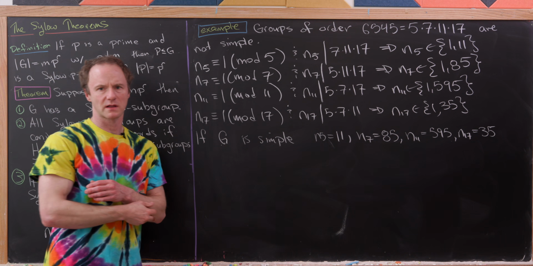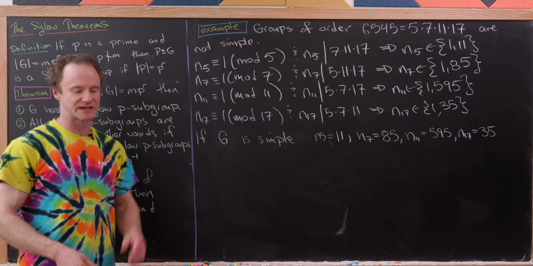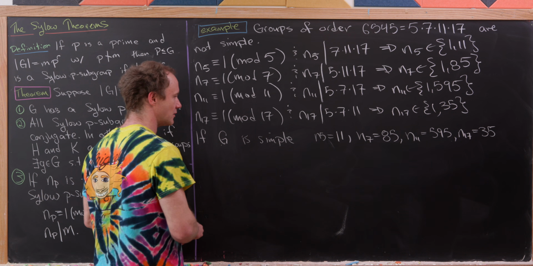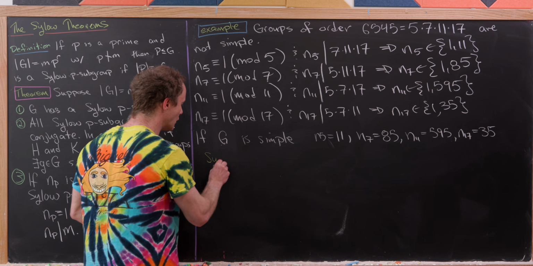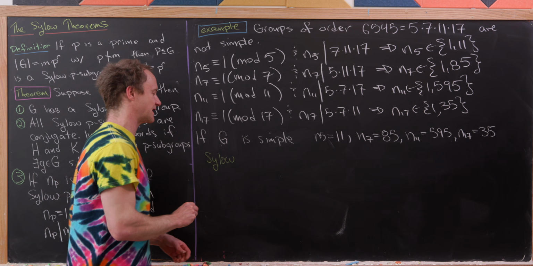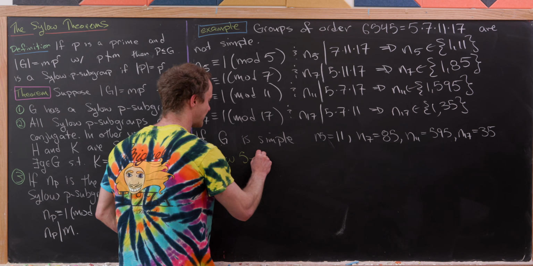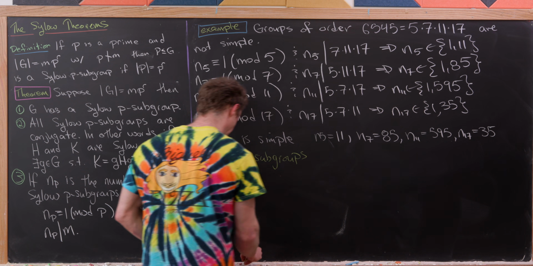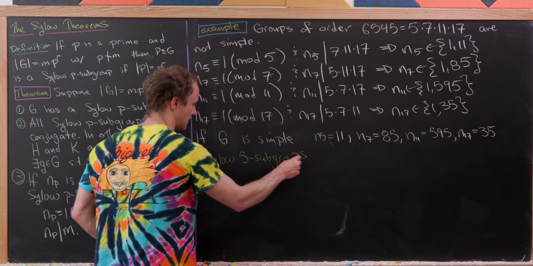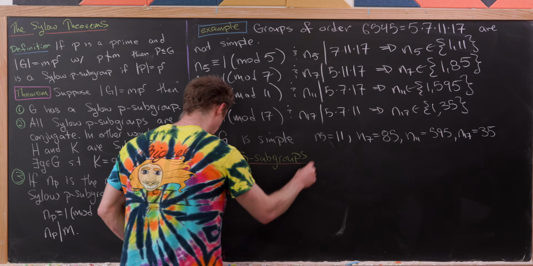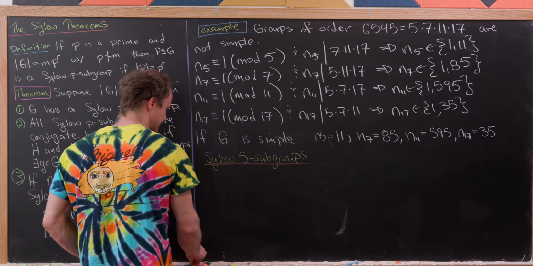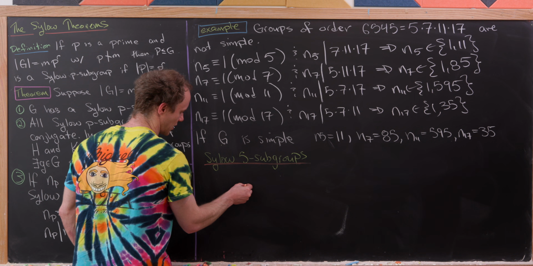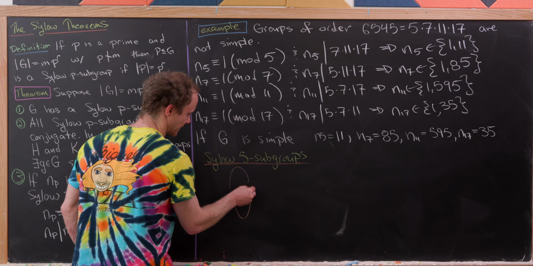And now I want to show you guys this counting argument, and we're going to do most of the work, or I should say the explanation, via the Sylow 5 subgroups. But then we'll use this strategy with all of the other subgroups as well. So here, let's say that our Sylow 5 subgroups are drawn maybe with these little bubbles here.